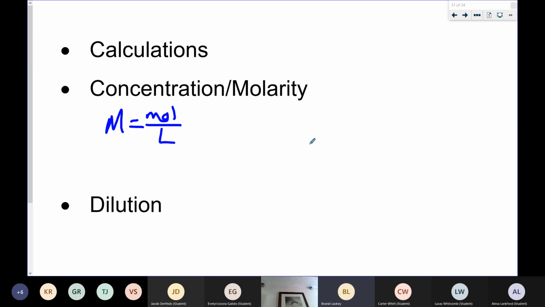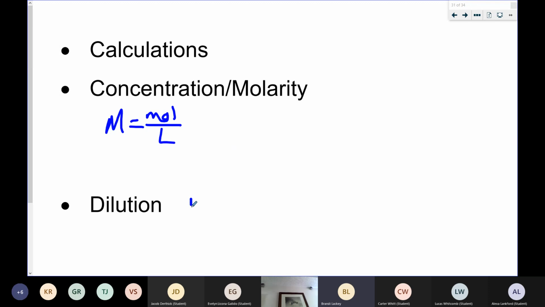And then some people had issues with dilutions because they forgot that they were two different things. So remember, dilution is where whenever we order chemicals, we might get like a 6 molar acid. Well, that can kind of burn your skin. So I'm not going to give that to you guys. I'm going to dilute it and make it less harmful for you guys.